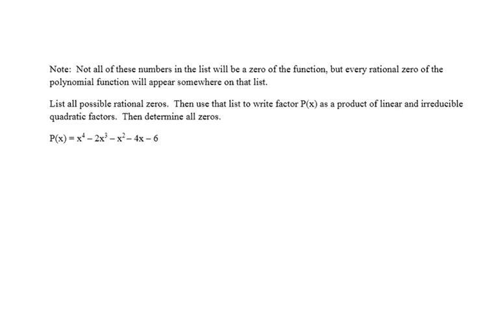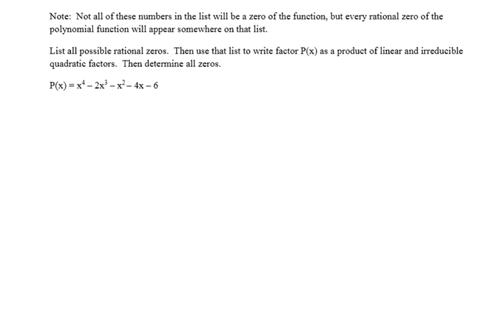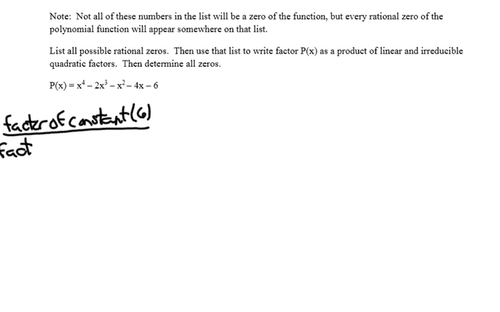Okay, so now I want to list out all the possible rational zeros, then use that list to write the factor of p of x as a product of linear and irreducible quadratic factors, then determine the zeros. So let's start with writing out all of the possible rational zeros. Again, that is factors of the constant, which again, I don't care about the negative, just put 6, over factors of the leading coefficient, which is 1.